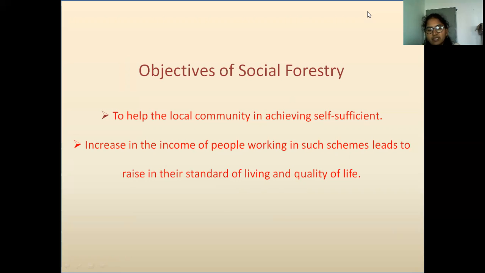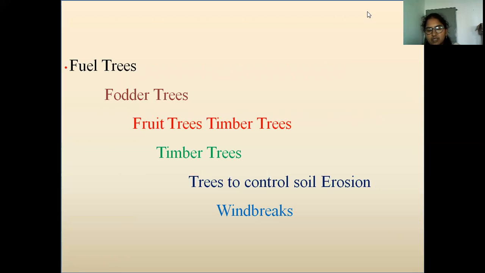And some of the different types of trees grown in social forestry are fuel trees, fodder trees, fruit trees, timber trees and also wind breaks. We can discuss them one by one with examples.